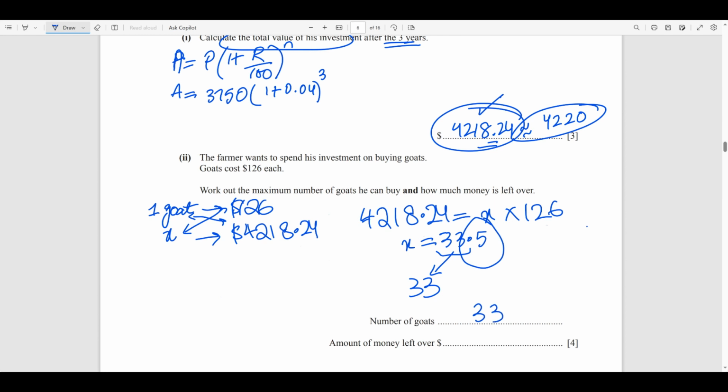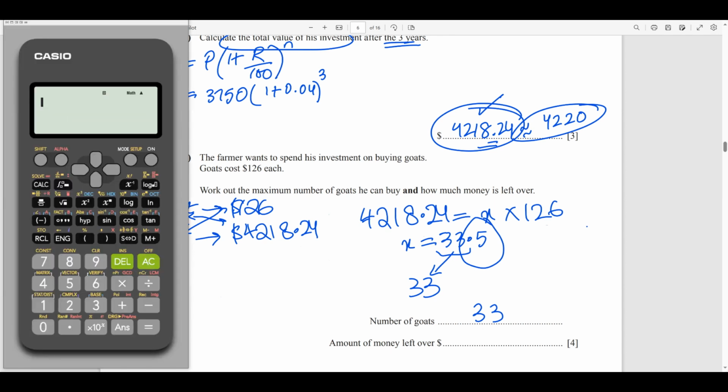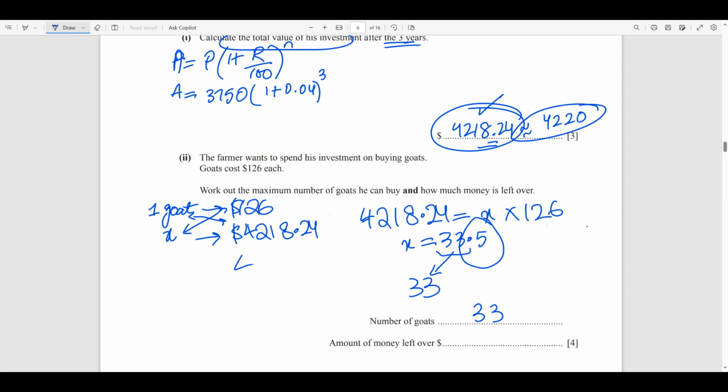So first we need to see how much 33 goats will cost you. 33 goats, 126 per goat is 4158, and you have 4218.24, and 4158 is the amount that you will be spending on 33 goats, right?